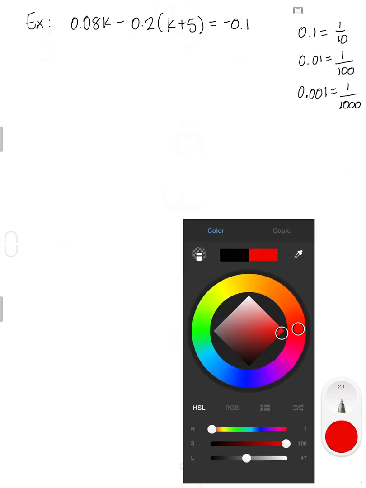And 0.01, with 2 numbers after the decimal point, is 1 over 100, which is smaller. If you have 3 numbers after the decimal point, that's 1 over 1000. So the more digits after the decimal point, the smaller the power of 10.